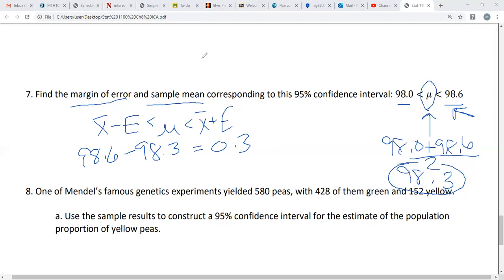So notice that this is telling us our mu. Mu is directly in between those two other values. So again, just to give a better idea of what I'm doing here, this is x bar minus e, x bar plus e.